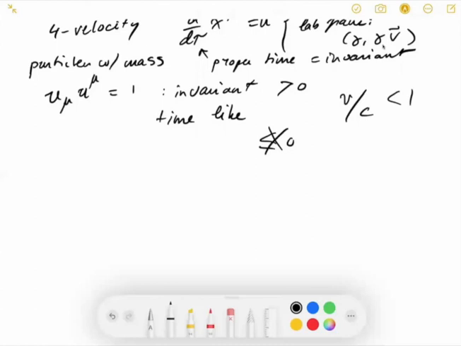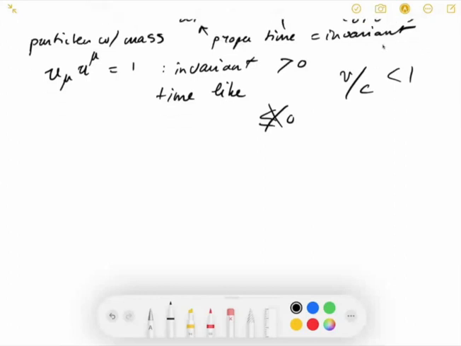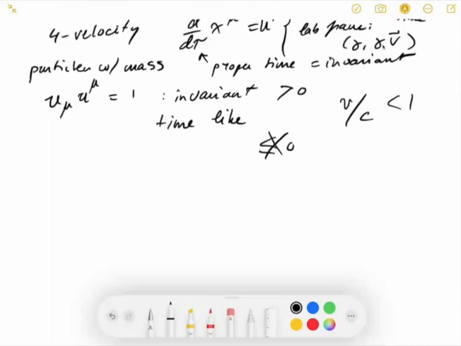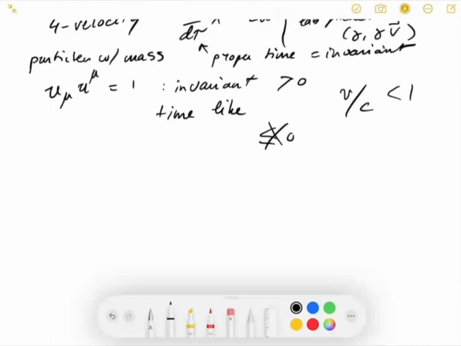So that's what it implies. Because if v was equal to c, then we would have 0, right? Because it would be light-like. And I don't even know what smaller than 0 would be. I guess you'd be on the spatial axis.